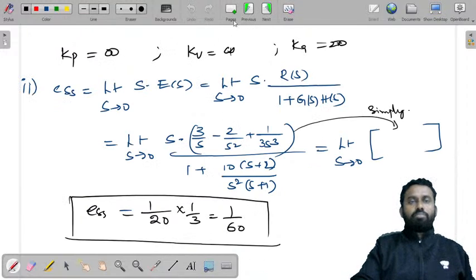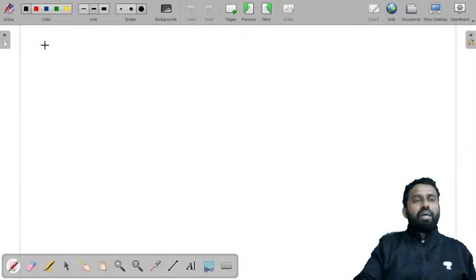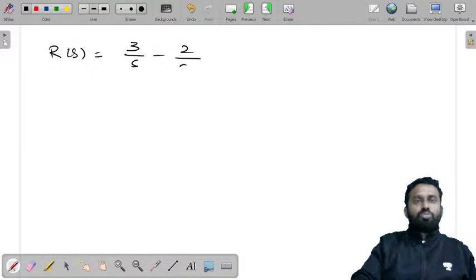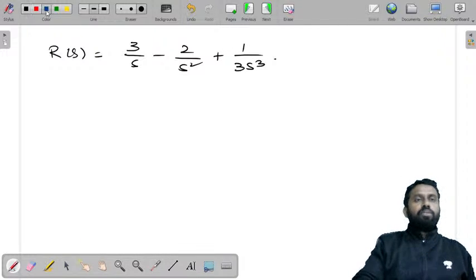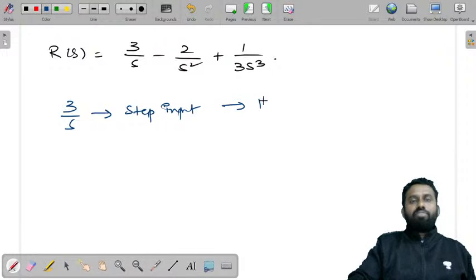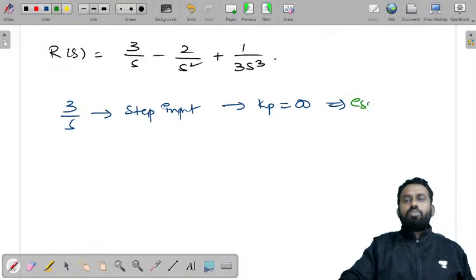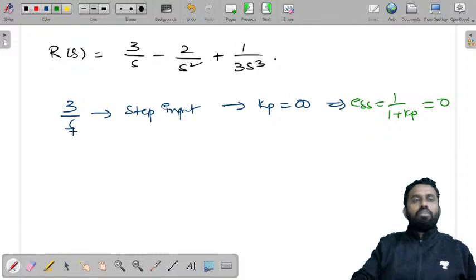So we know R(s) is given as 3 by s minus 2 by s square plus 1 by 3s cube. This 3 by s is nothing but a step input, and for that we got Kp equal to infinity, which implies for step input we use the position error constant. So ESS is equal to 1 by 1 plus Kp, which is 0, right?